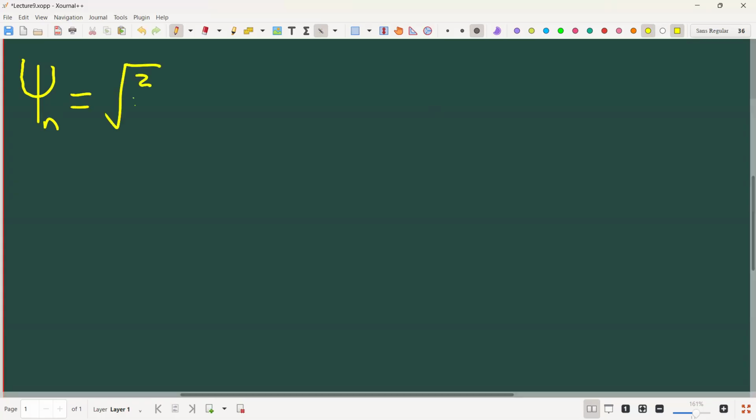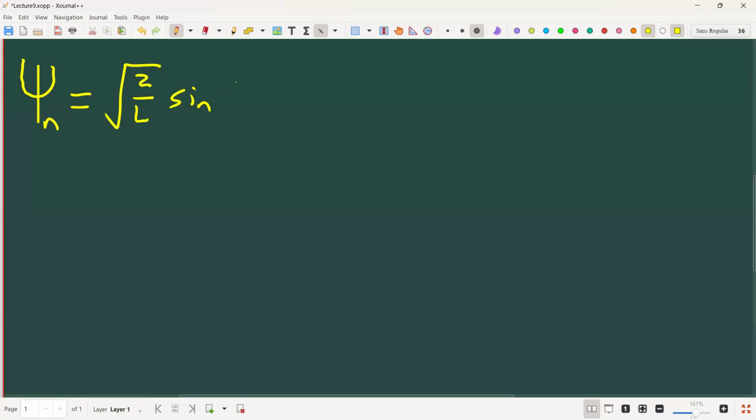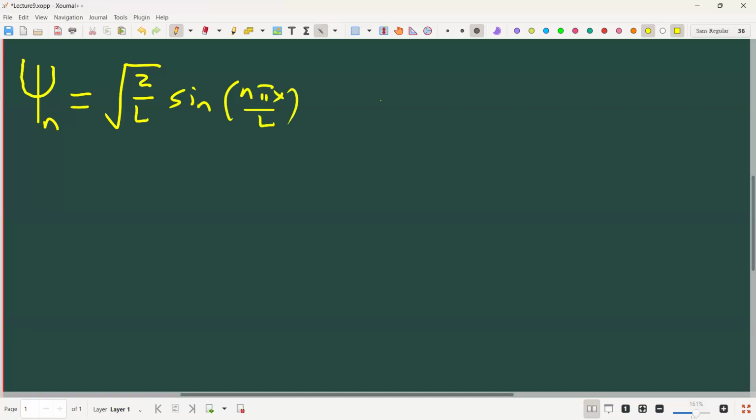So remember, the first thing that we did was we solved for these wave functions for our particle in the box of constant energy. We got these sine waves out, so that we get wave functions that are normalized and quantized by this n number, called a quantum number.